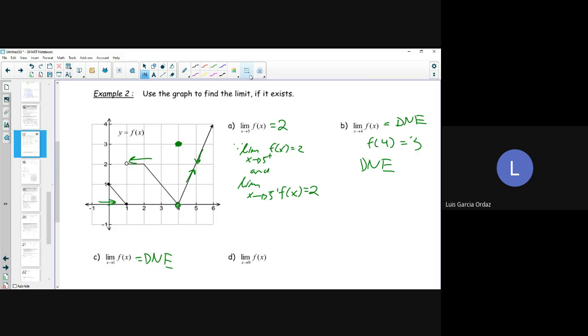So now the last one, the limit of x approaching 0. So let's take it from the right and from the left. What is my limit as x approaches 0 from the right? 1. Okay. What is my limit as x approaches 0 from the left? Does anything exist on that side of the axis?